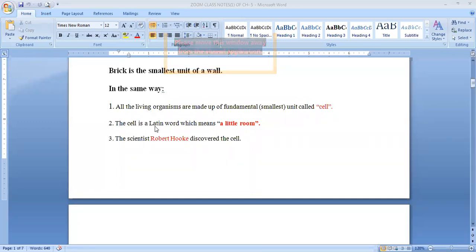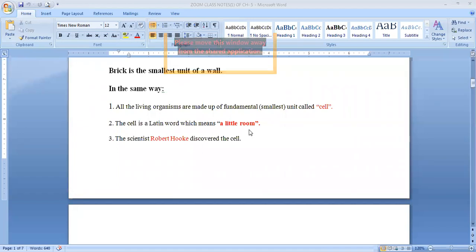The cell is a Latin word which means a little room. Now the next question arises in your mind: why have we given the name cell to this structure? Because cell is a Latin word used by Robert Hooke, right? Which means a little room, or you can say a compartment, right?